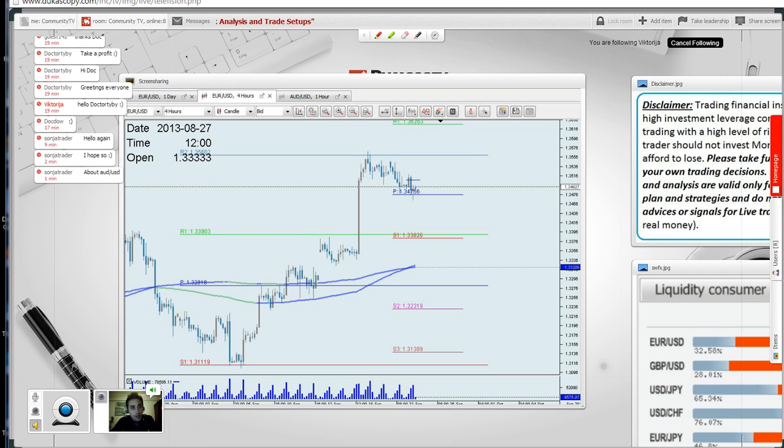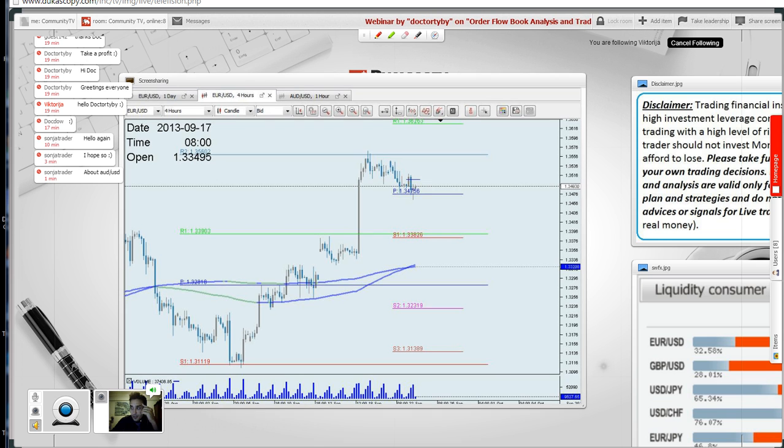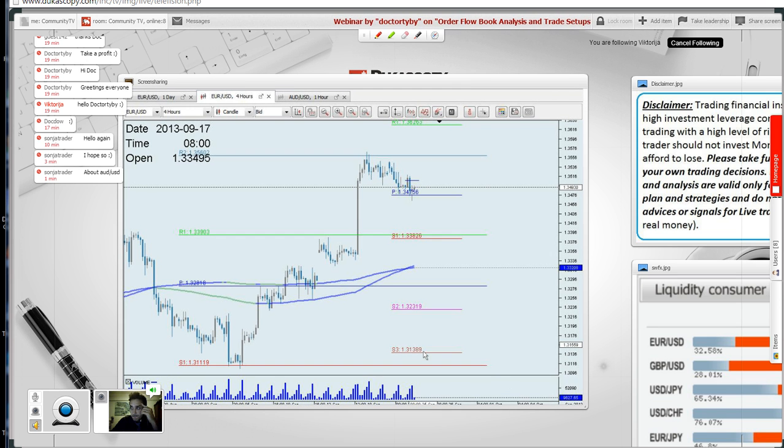Let's see on the euro dollar what we have on the order flow book. Open orders and positions. Euro dollar right now has 1.35 to the upside, the first important resistance, and to the downside we have again the 1.3450 and then the 1.34 as technical levels. 1.3450 is confirmed by the order flow battle between buyers and sellers.